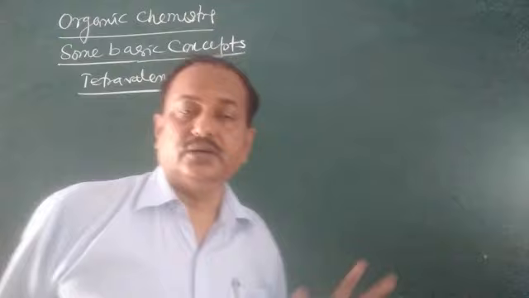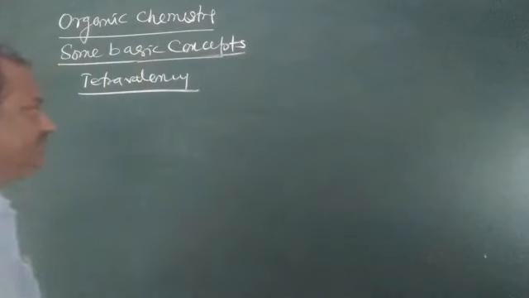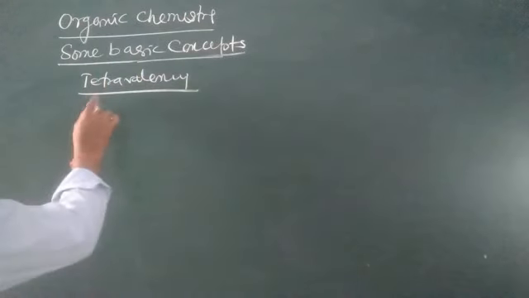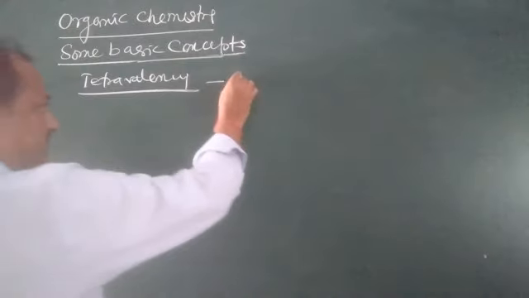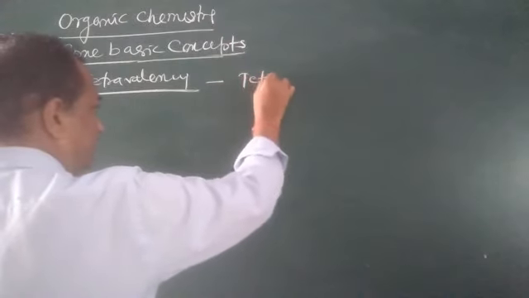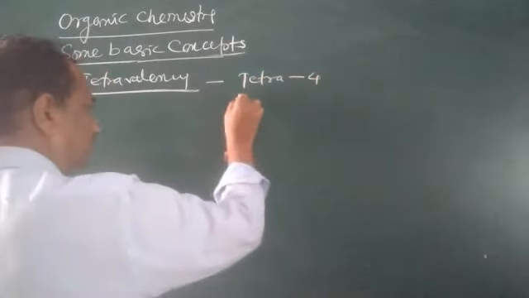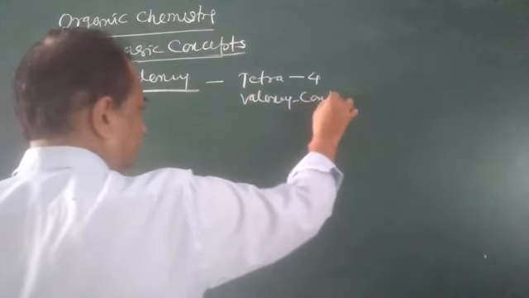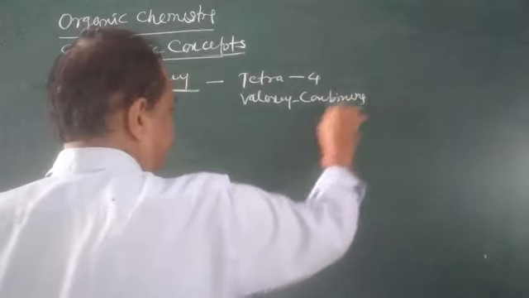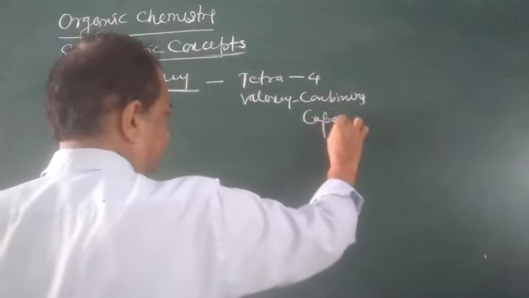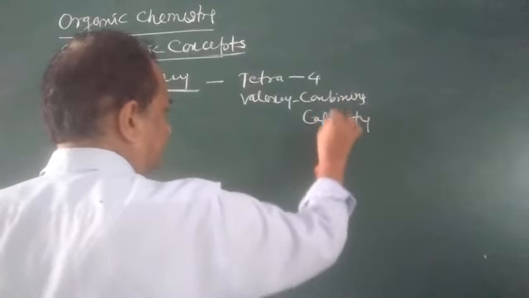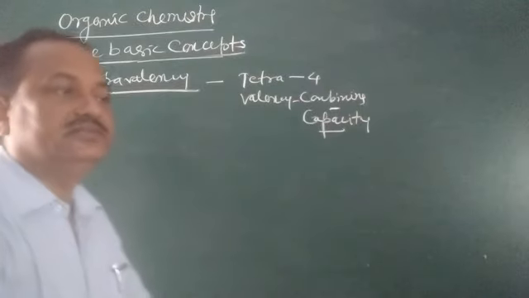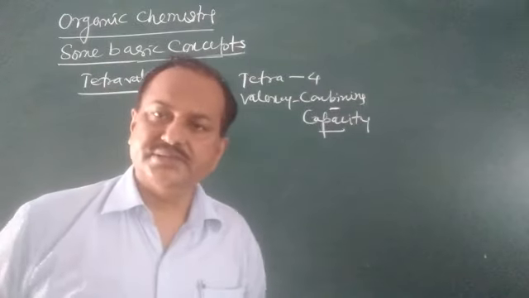Now the other point about organic compounds is tetravalency. Tetravalency is made up of two parts. First is tetra. Tetra means four, and valency is the combining capacity. Combining capacity of an element is called valency. You know about this.